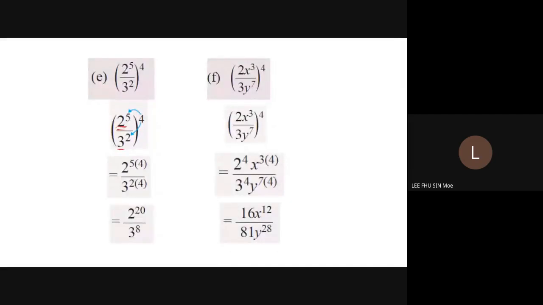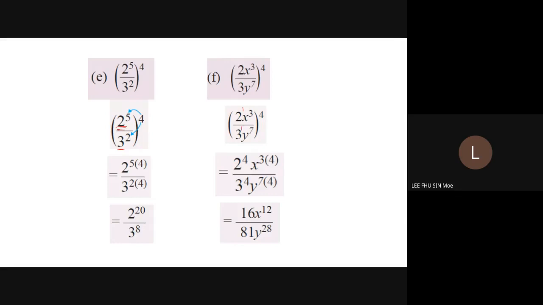How about F? F also the same thing, right? The difference for F here, because they got an extra power of 4. You see here? Actually, this one 2 also got power. This one 2 actually is power 1. This one 3 also power 1.